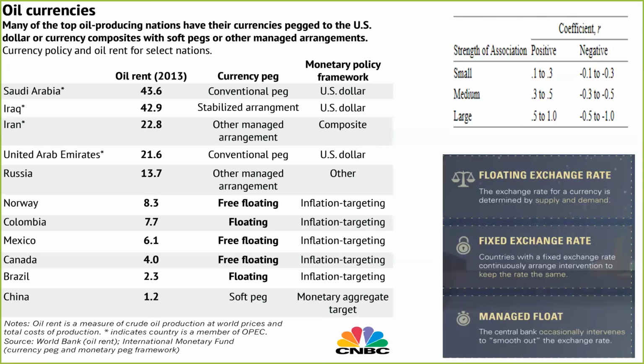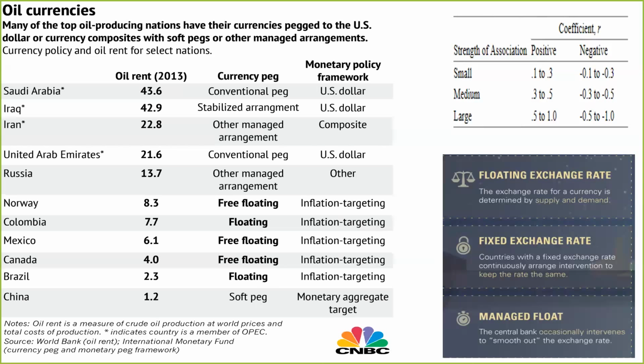These are currency managing bodies. But I'm digressing. The takeaway is the more floating and less hands-on the management of a currency, the more it's going to be affected by the commodity prices of its major imports and exports. Don't panic. This is about to get much easier.